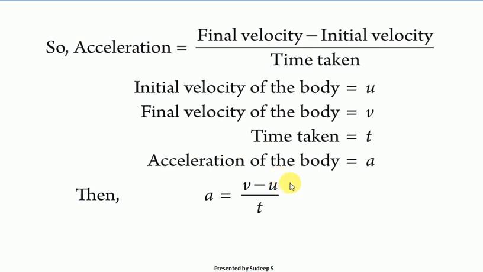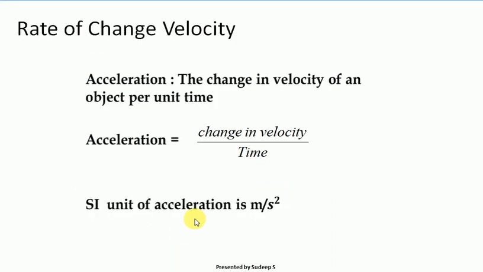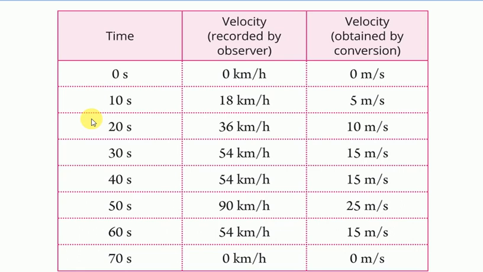As per the case study, at the initial point 0, the initial velocity of the object was 0 meters per second, and since I am considering the object from 0 to 30 seconds only, the final velocity was 15 meters per second.